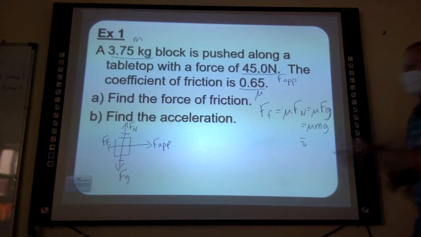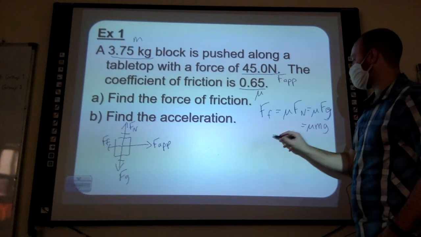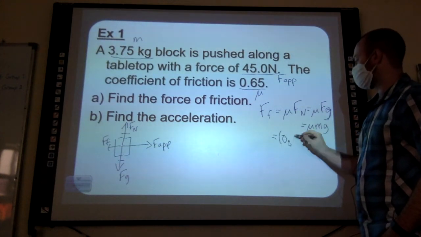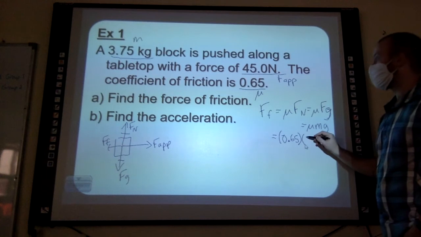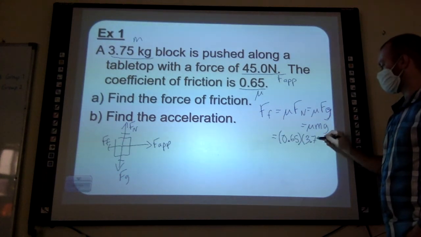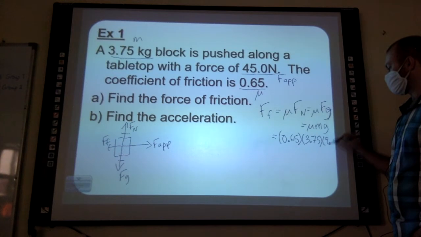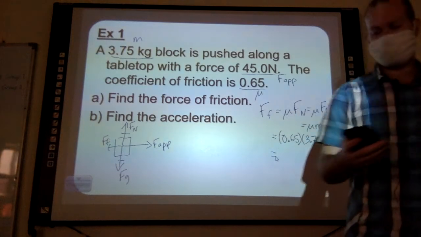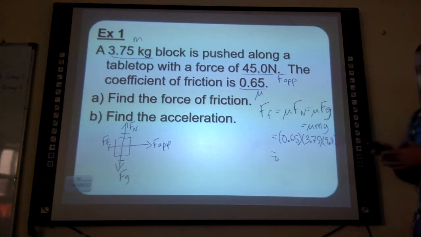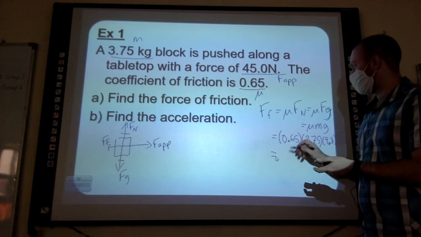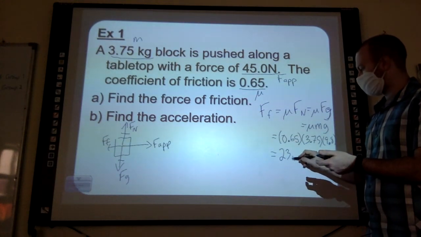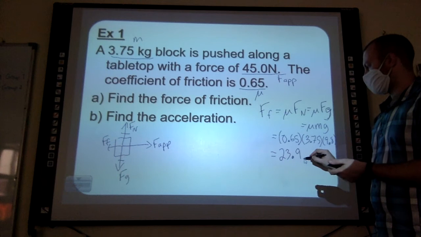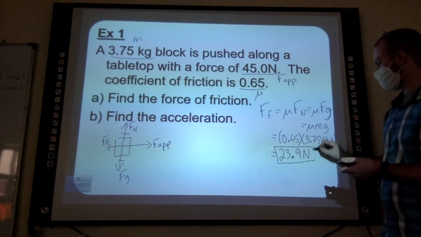And g. So let me move this a little bit over here so I can write this. And let's calculate this. So we get the friction force is 23.9. I'm going to round it to 1 decimal place.